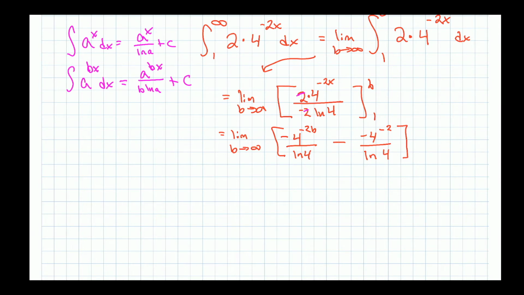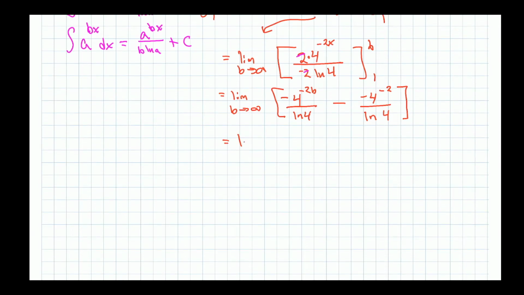So I think I get this. This is also negative 1 over ln 4 times 4 to the 2b. Think of it that way. And then plus 1 over ln 4 times 4 to the 2, which is 16. But we don't care really.